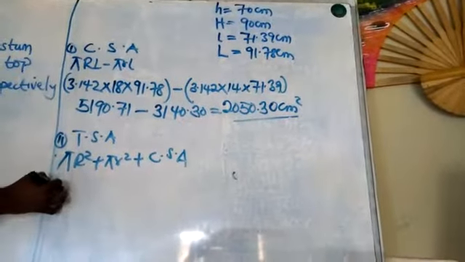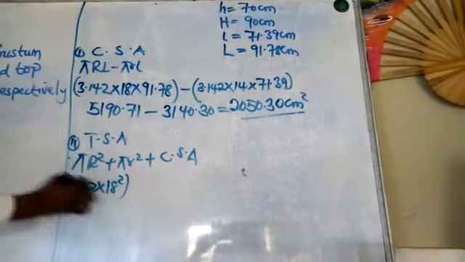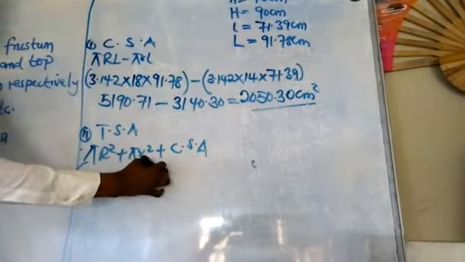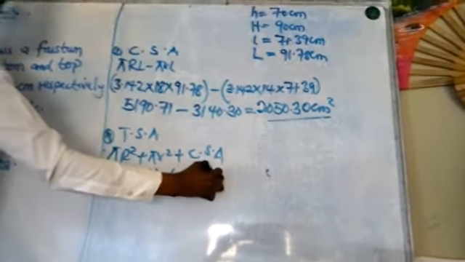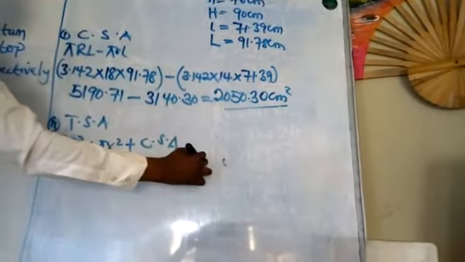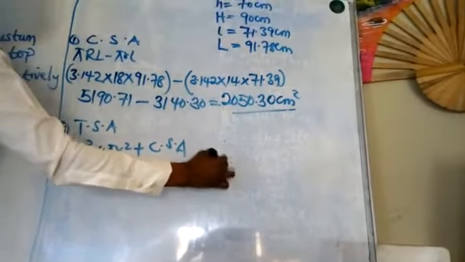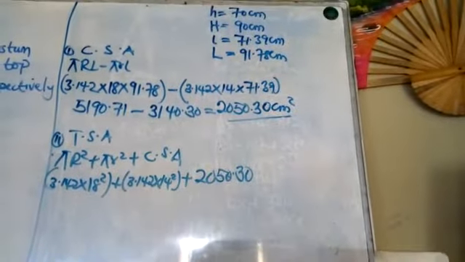So it's just for you to do 3.142 times 18 squared plus 3.142 times 14 squared plus the curved surface area you have solved for already, 2050.30. Alright? Are you following now?